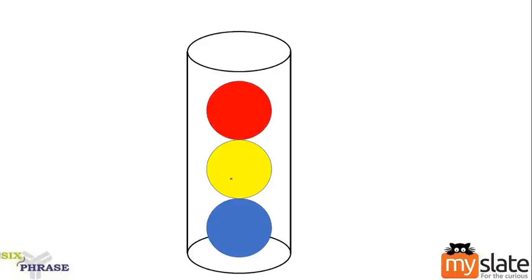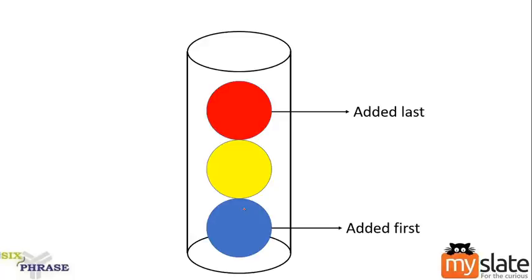Okay. So now if you look at it, which ball was dropped first? The blue colored ball was dropped first and the red colored ball was dropped at the end. Even though the blue colored ball was added at first, I can't remove this blue colored ball first, can I?